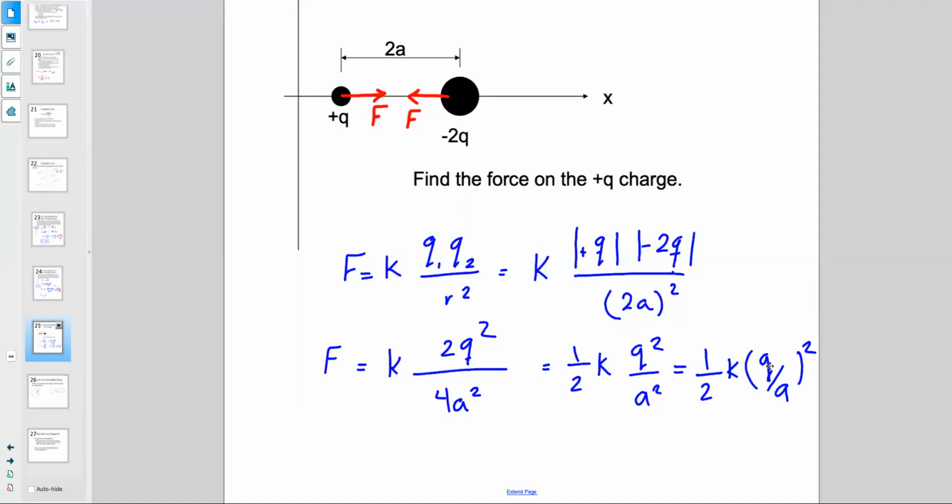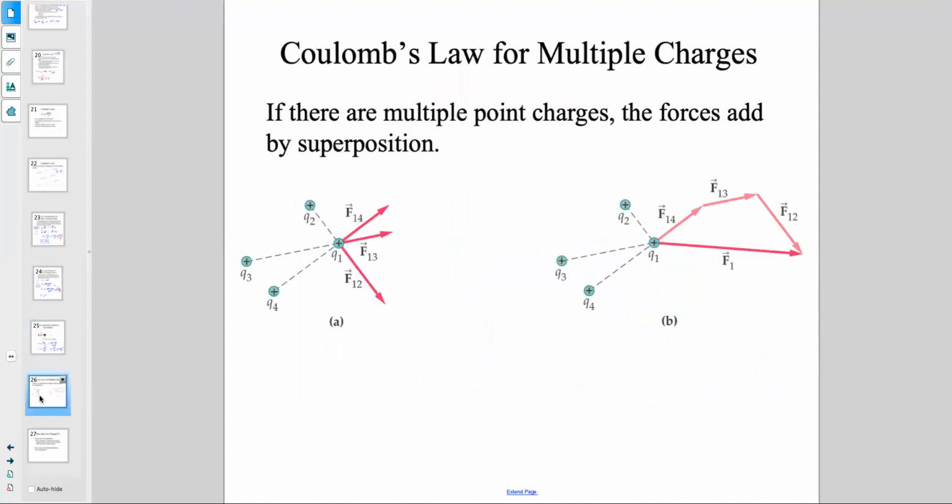So that's the force. Now let's talk about this very important law, Coulomb's law for multiple charges. If there are multiple point charges, the forces add by the superposition law. If you have Q1 and Q4 here, they're both positive, so they repel, and you have F14 here.